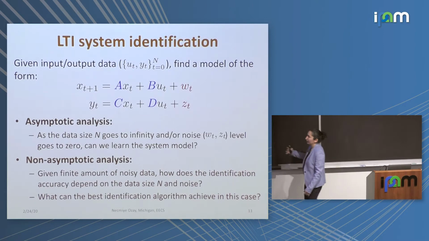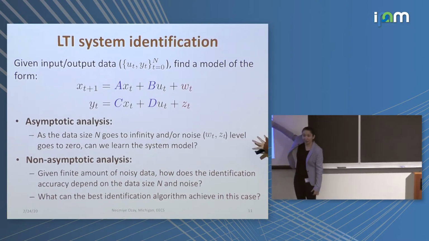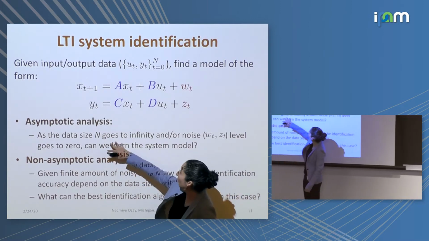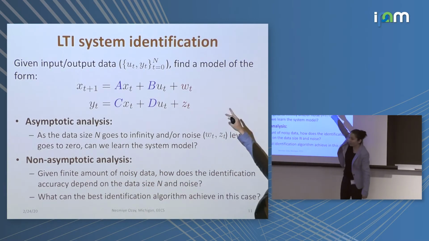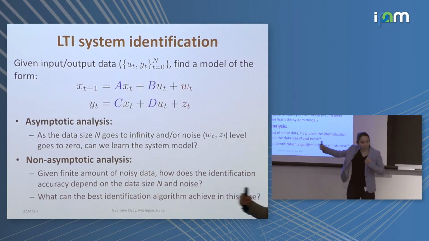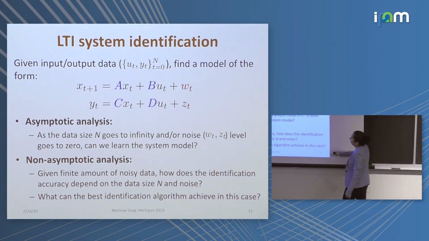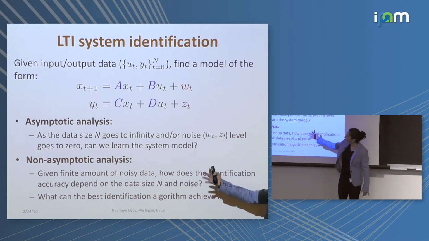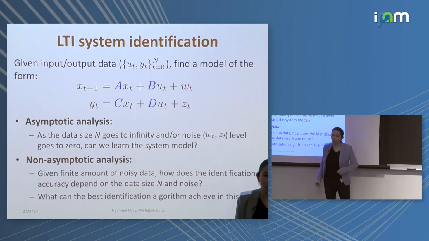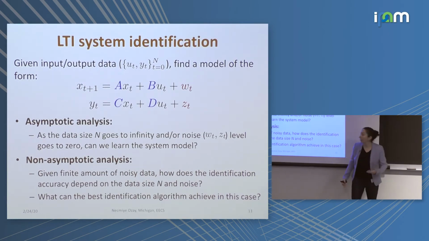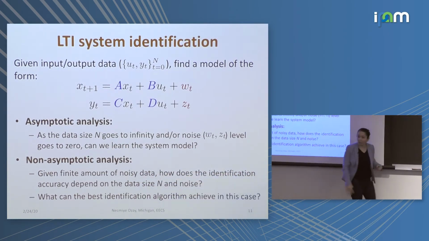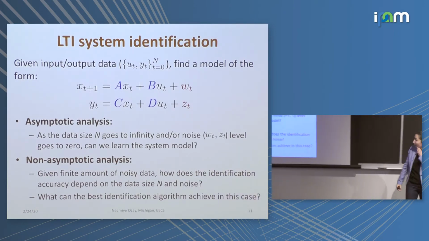In the asymptotic analysis, this is the well-studied setting in control. You ask the question: as n goes to infinity, where n is the number of data points that I collect over time, my time horizon, or as noise level goes to 0, can I learn this system model? Or given an algorithm, how does the algorithm behave as n goes to infinity and/or noise goes to 0?